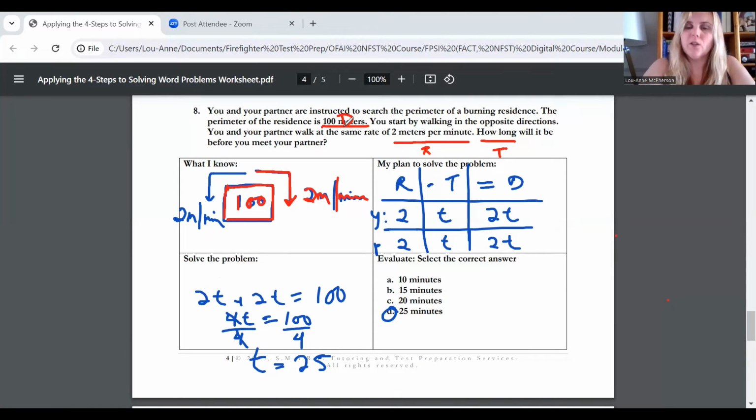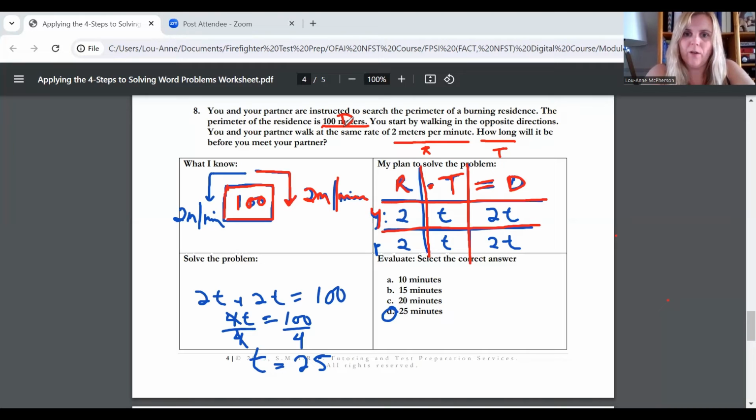So the first thing you want to write out is your formula, which is rate times, let the dot stand for multiply by, or times time equals your distance. And then from there, you can just draw out your table. All right. And then each row of your table will represent you and your partner.